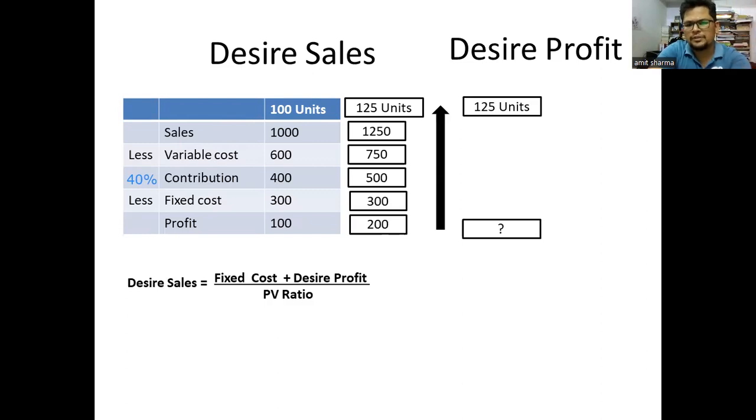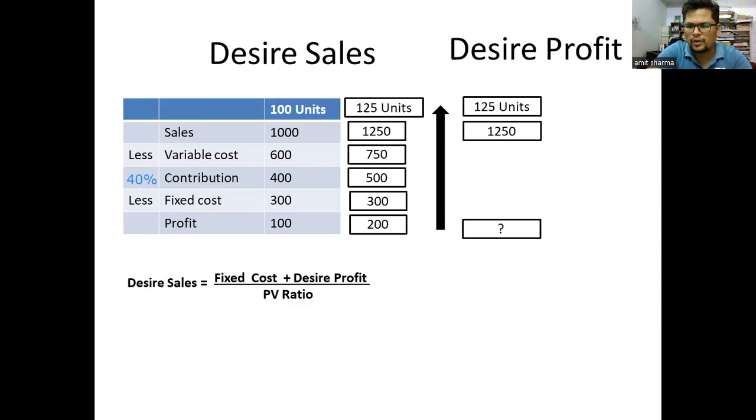I know the profit is 200 rupees, but don't look at the desired sales equation, just focus on the question: when we sell 125 units, what will be the amount of profit? We don't know. So let's see.